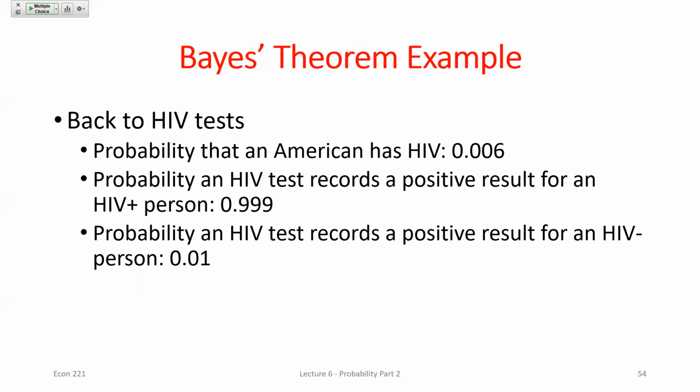For individuals who don't have the disease, conditioning on that, the probability they get a positive test result is 0.01. And if we know that one, we also know the other outcome of the test for these individuals. We're still conditioning on HIV negative. These 2 have to add up to 1, so this would be 0.99.